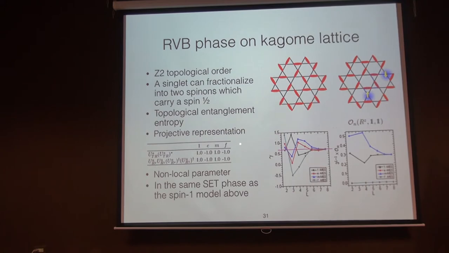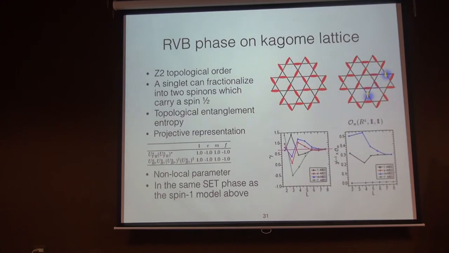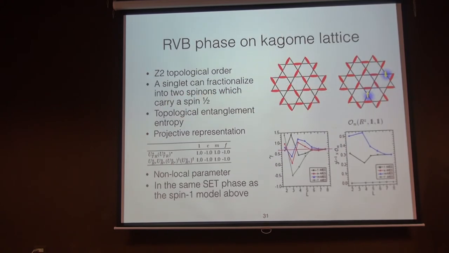So again, from the projective representation and the non-local order parameter, we find this phase is a special SET phase. And then we also can see the AKLT string state and the RVB phase belong to the same class.